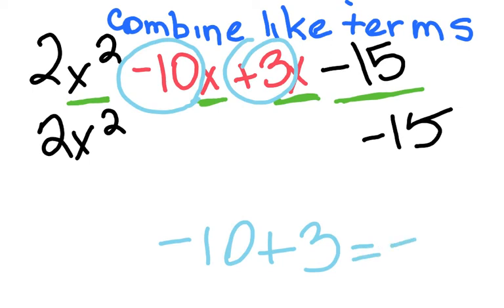Negative 10 plus 3 is negative 7. And then we're just going to bring down the X. So the answer is 2x squared minus 7x minus 15. And that's the same answer that we got with FOIL. The difference is that you got to use your calculator accommodation more often.